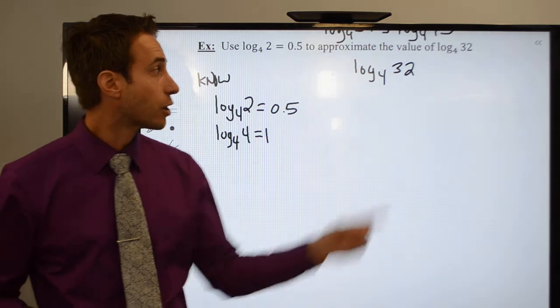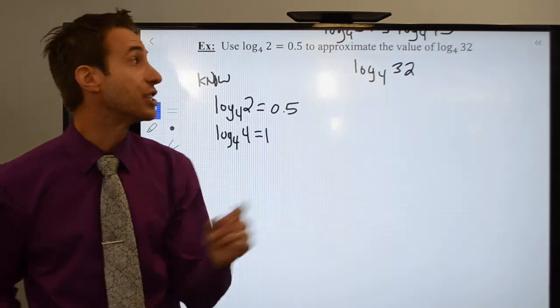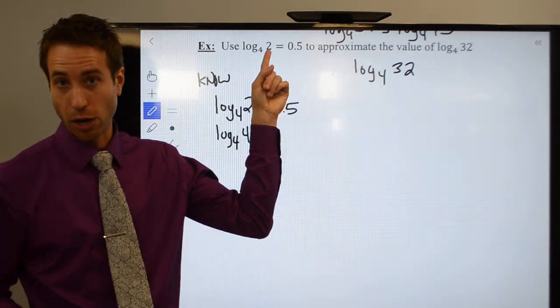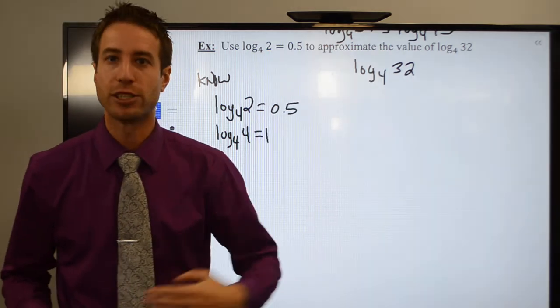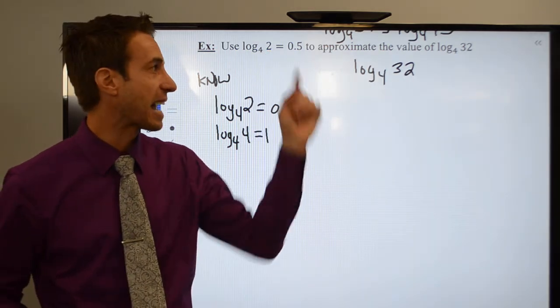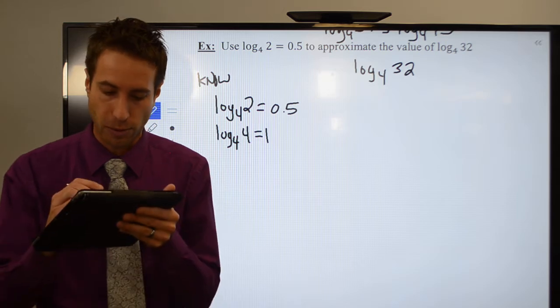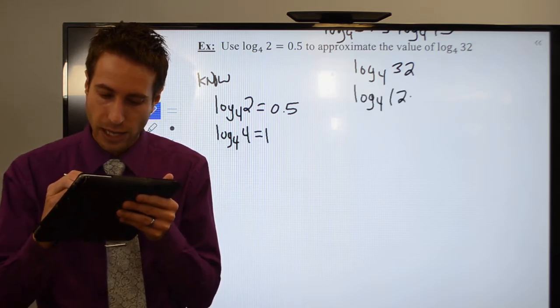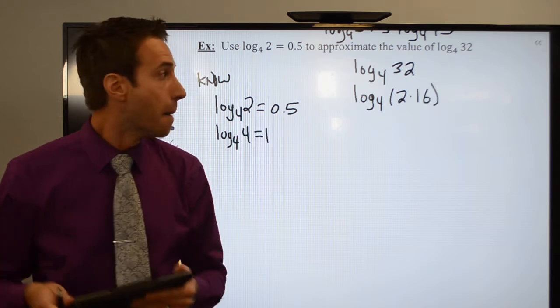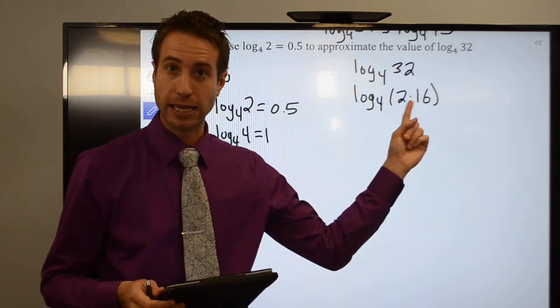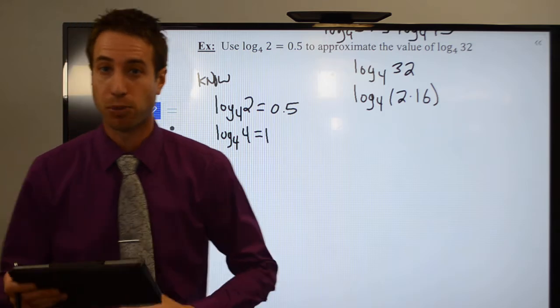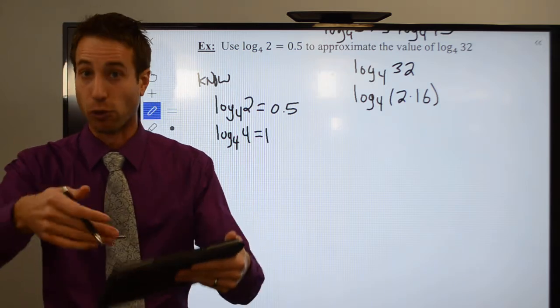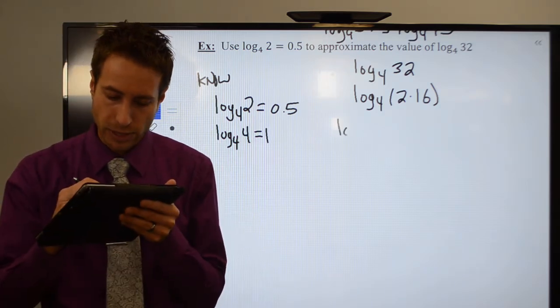Well, since you were given log base 4 of 2, you know that 32 has to be divisible by 2. Even if I hadn't given you that, you know 32 is divisible by 2. So I can break that up into log base 4 of 2 times 16. But now because I have a product in here, I'm going to use the product property for logarithms to split it up into addition.